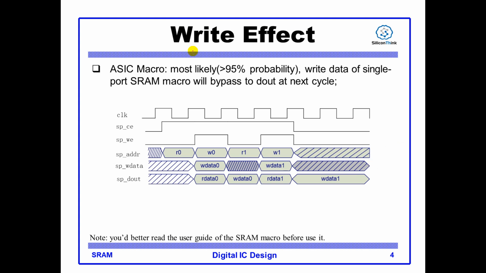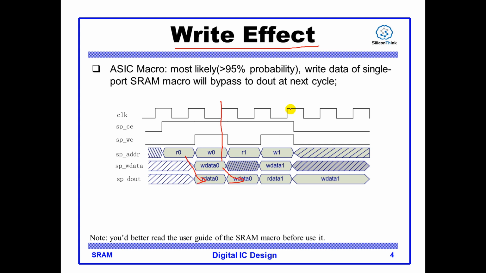And please take care of the write effect on the D out. If you read first, you get the read data here, and if you write at the next cycle, the D out will be changed. That is, the write data will bypass to D out in the next cycle.